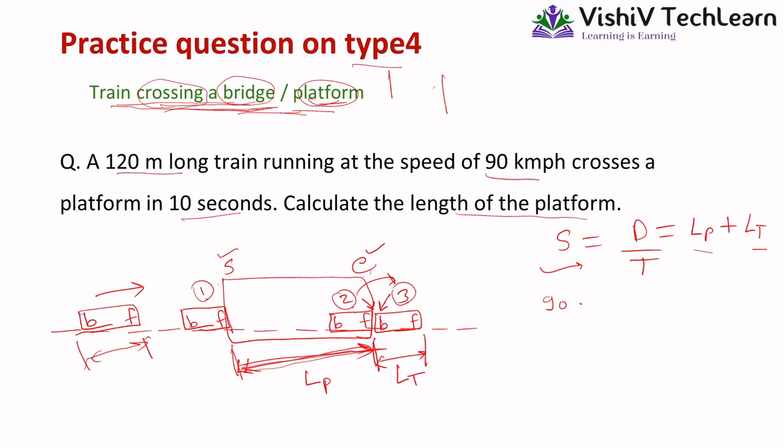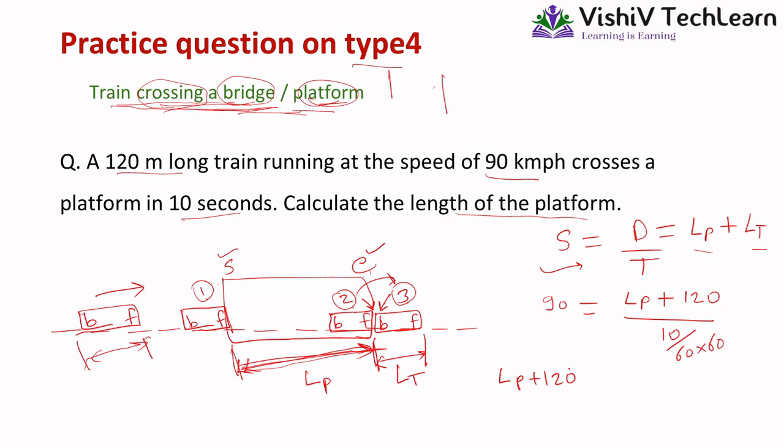90 is equal to D, which is LP, the length of the platform, that we have to find out. LT is already given, 120 meters, so let's put it as it is, divided by T. T is 10 seconds. Now this is in seconds, so let's divide it by 60 into 60, so that it gets converted into hours, right? Now solving this further, we get LP plus 120. Now remember, this 120 is in meters.